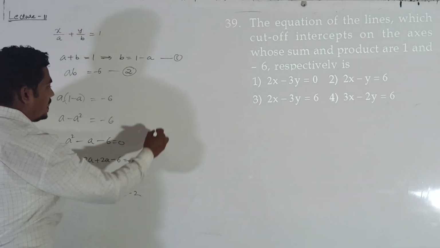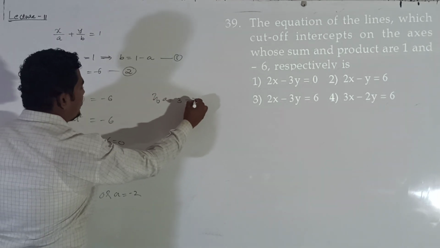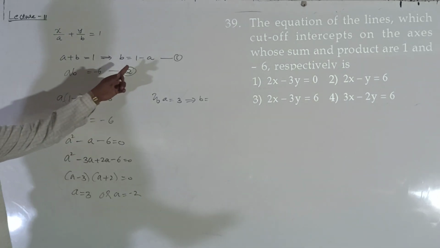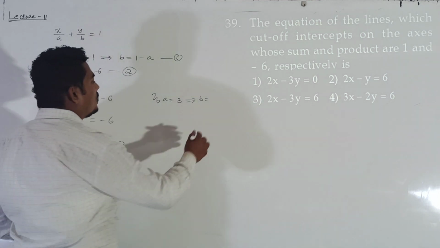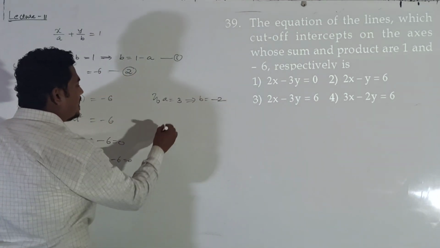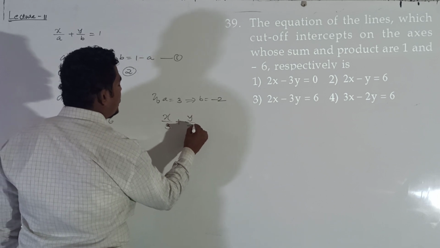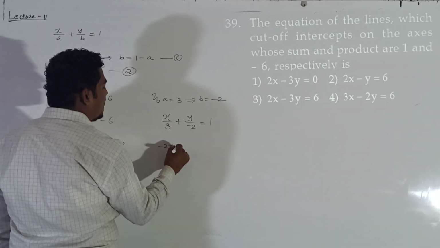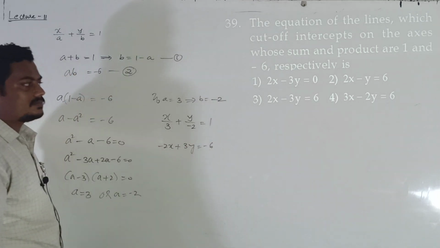Now if a equal to 3, then what is the b value? Look at equation number 1: a value 3, then b value is minus 2. Then what is the equation? x divided by 3 plus y divided by minus 2 is equal to 1. On taking LCM, it will be minus 2x plus 3y is equal to minus 6.